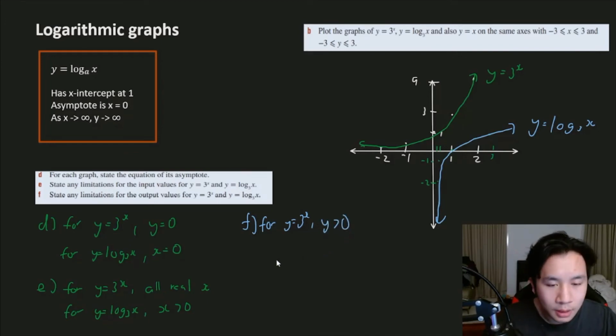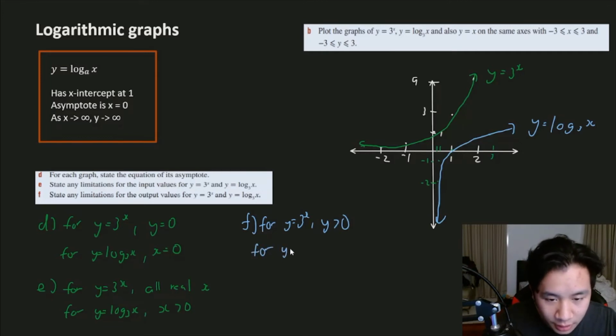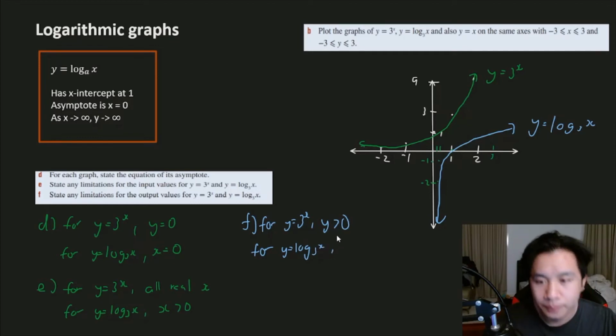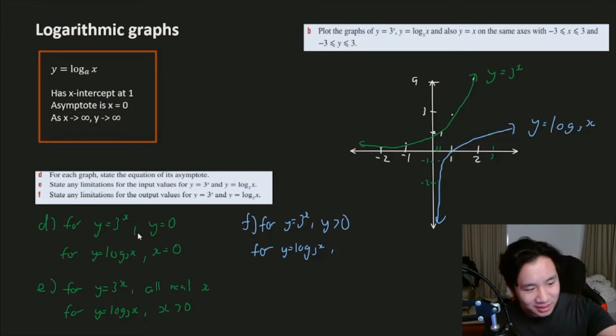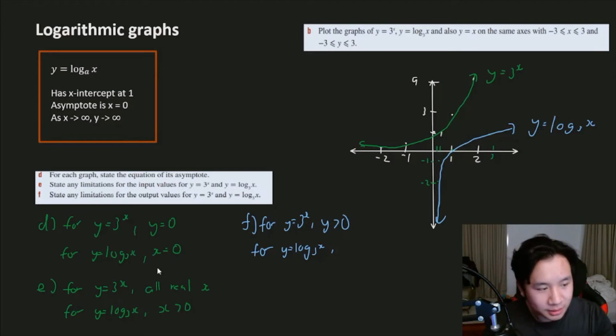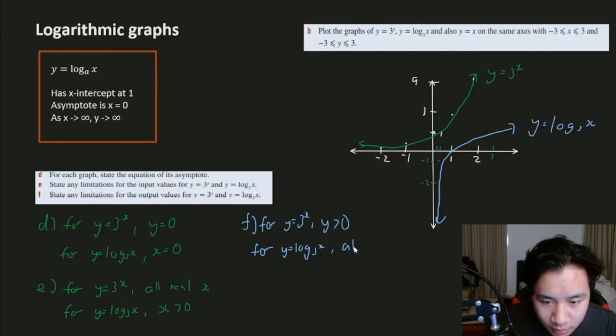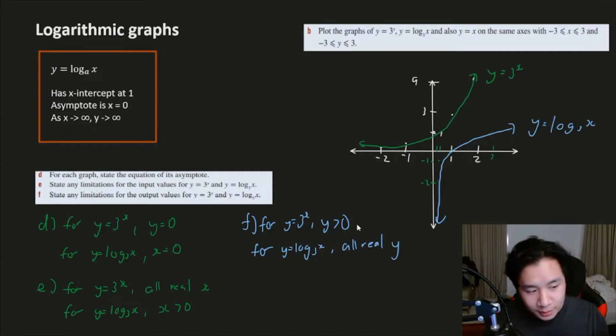Of course, you can figure out that for the logarithm version, it can be all real y. So you can see that all of these limitations and asymptotes are essentially just flipped. So all real y. And that's the power of inverse, I guess.